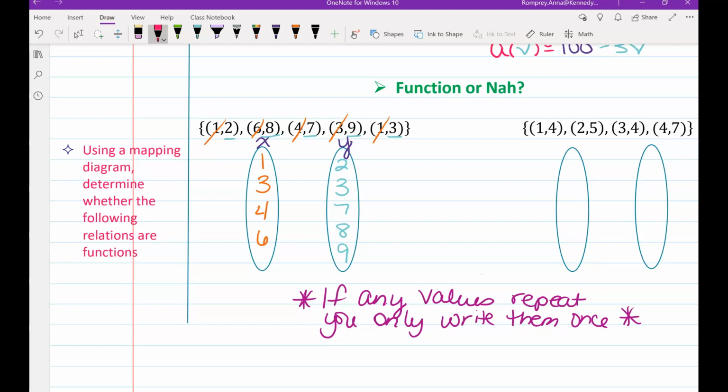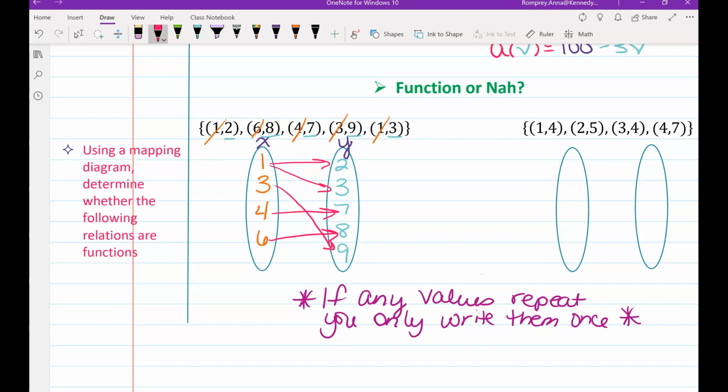So 1, 2: 1 goes to 2. Cool. 6, 8: 6 goes to 8. Literally that's all we're doing. This is a mapping diagram. 4, 7: 4 goes to 7. 3, 9: 3 comes all the way down to 9. And 1, 3. So we have now mapped each input with its corresponding output.